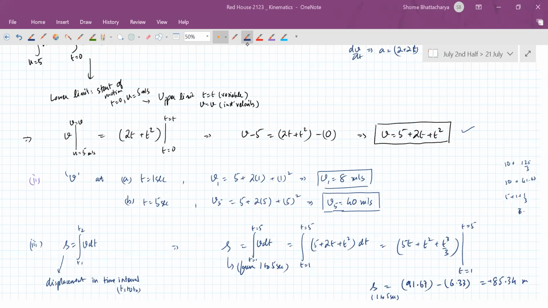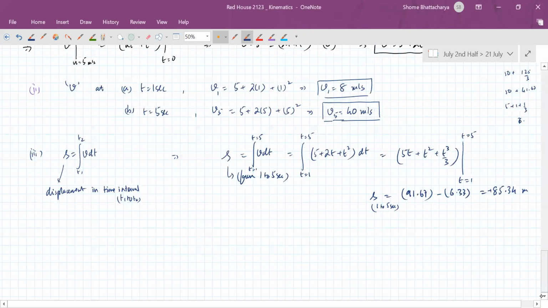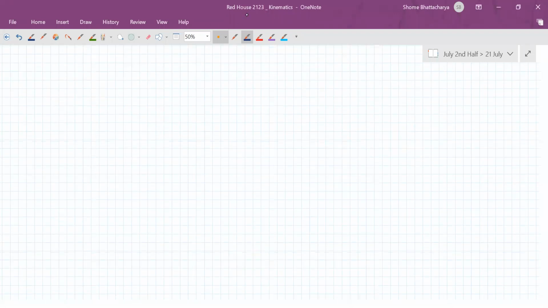Hope this point is clear. After the first part, I've not used indefinite integration anywhere. I've used definite integration. So that's why the constant of integration is not coming. Okay, so hope this question was fully clear.